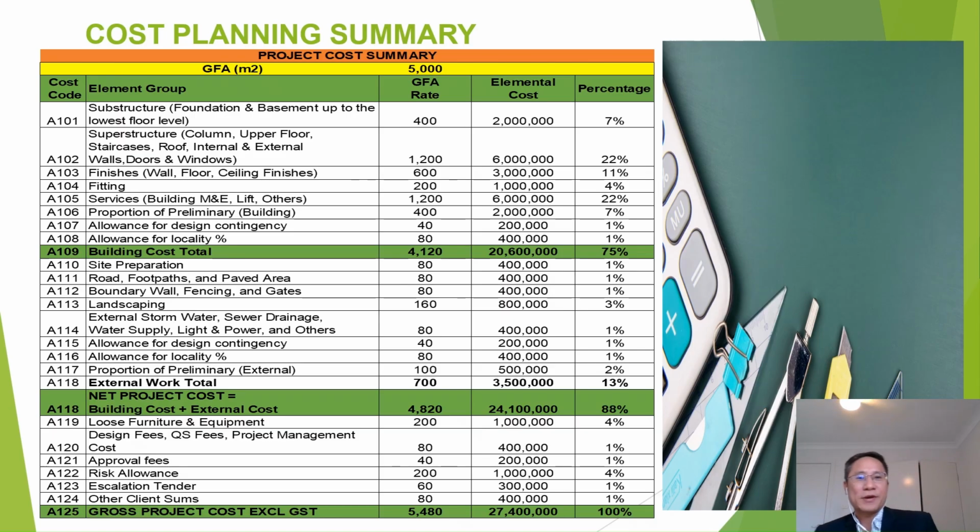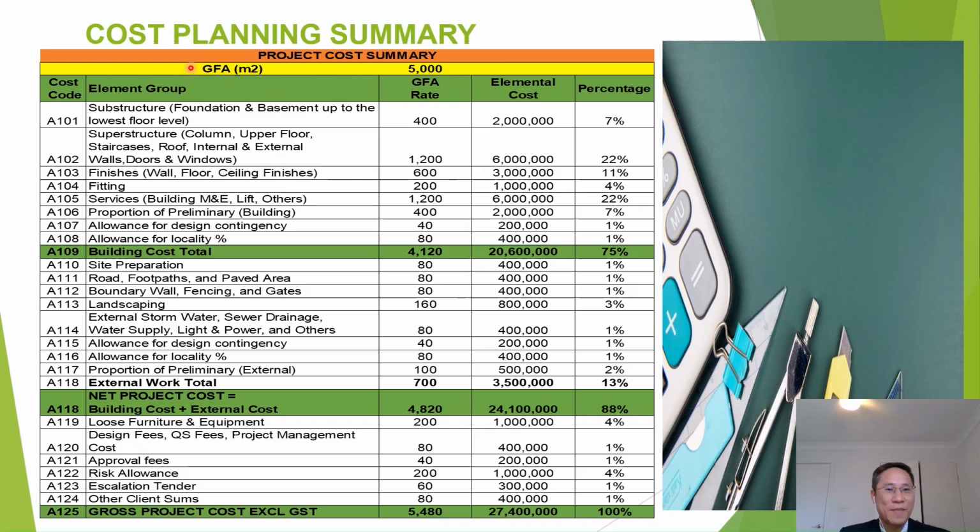So after clarifications of some important definitions such as roof floor areas, building cost, project cost, and the format of cost summaries, now we can start making the cost planning summary, the most popular and common language for those who are working in the industry.